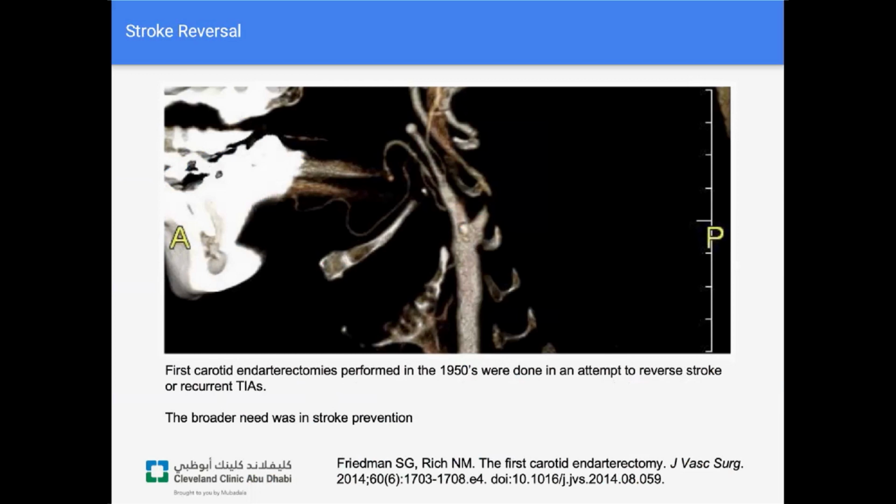When asked why he took so long to publish the case report, he said he'd like to get long-term results before presenting his data. That said, this indication is actually kind of an archaic one, although it is the unicorn. I like to call this the unicorn of carotid indications.